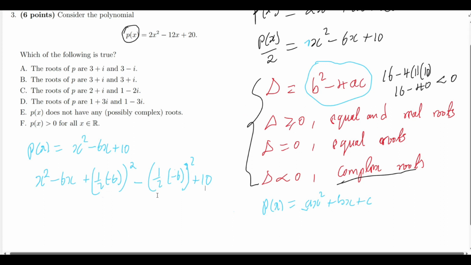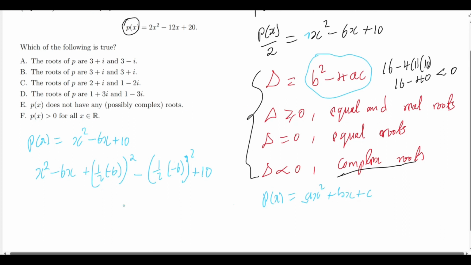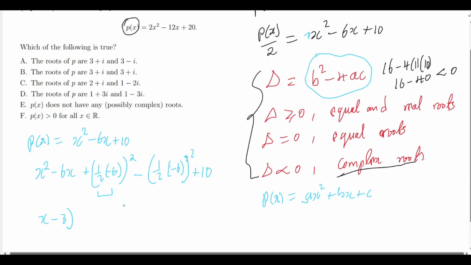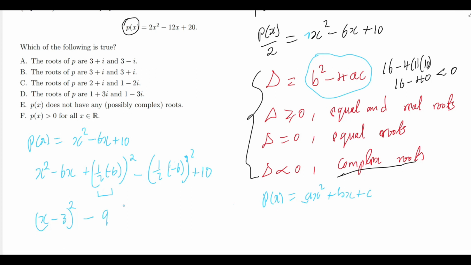Now what do we notice? We're going to consider the negative part of it. Because the coefficient is negative, we have x minus 3, all squared. Remember, minus 3 all squared is 9, and then minus 9 plus 10.